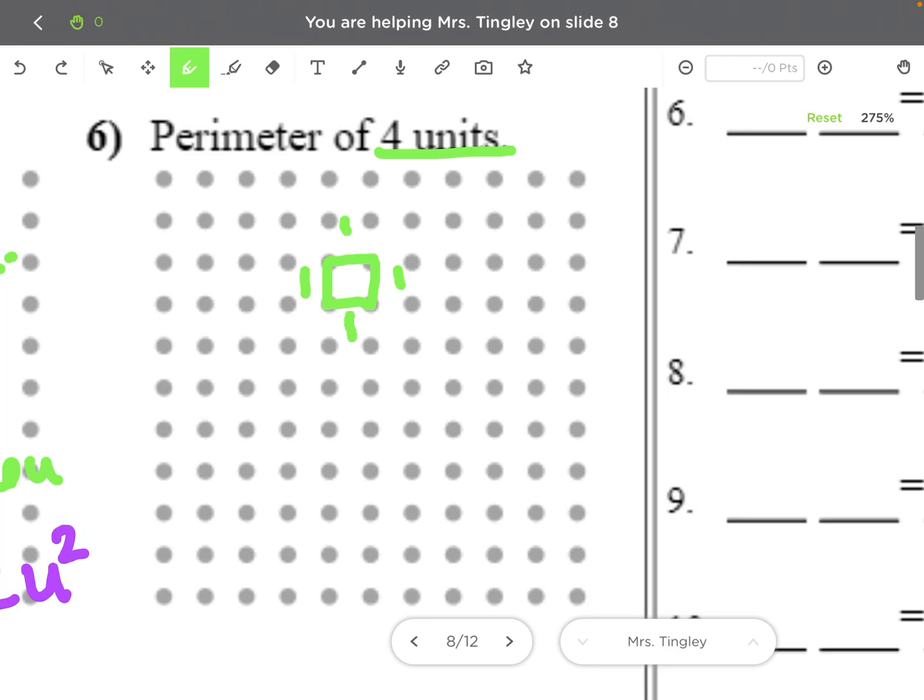It is the smallest little thing. That means there's 1 unit on each side. Perimeter, you add all the sides. So we can add 1 plus 1 plus 1 plus 1. That gives us 4 units for the perimeter.